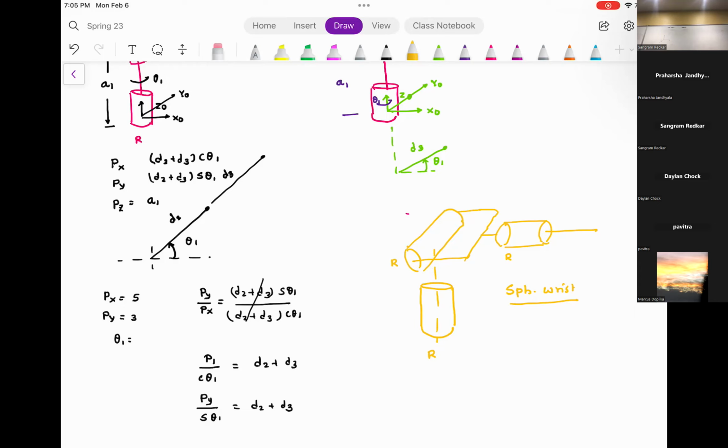When you work out the forward or inverse kinematics of the Puma robot, to be honest with you, all the homework problems I'm going to solve in class. What you need to do is just mix and match. You take the forward kinematics of the first robot that I have solved and the forward kinematics of the spherical wrist that I'm going to solve, and you get the solution for the Puma robot.